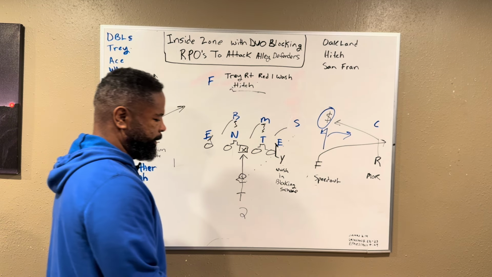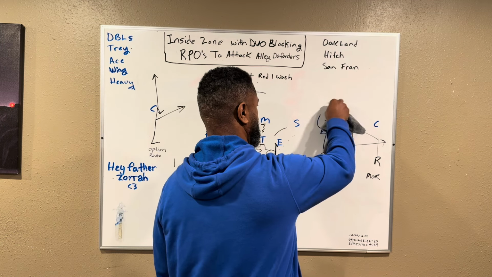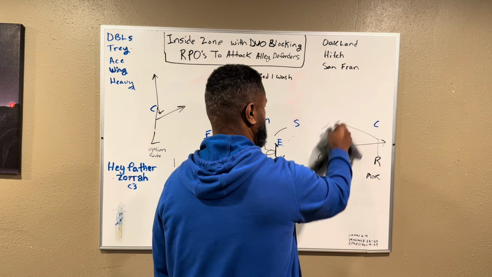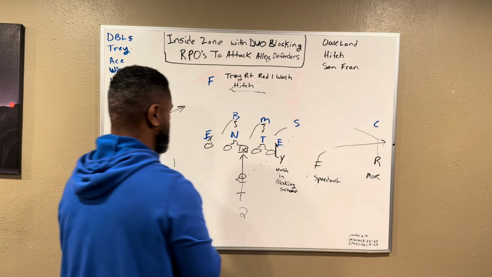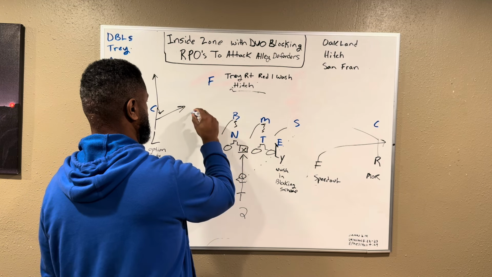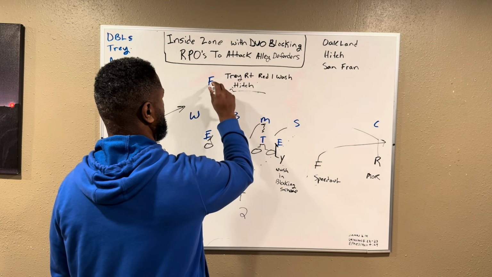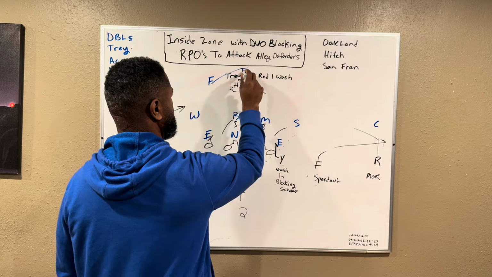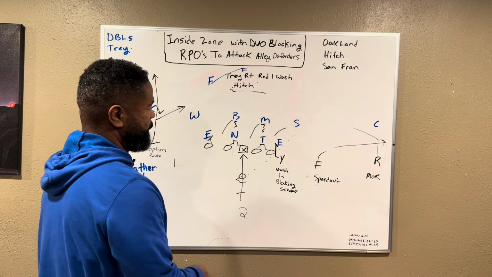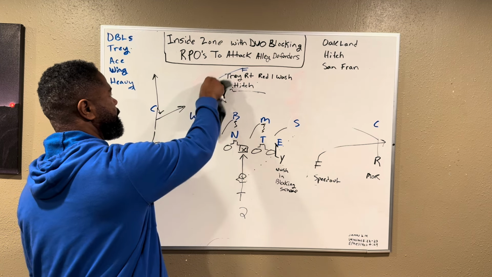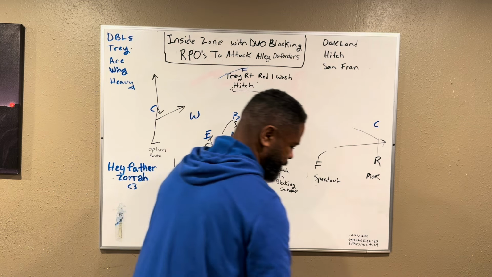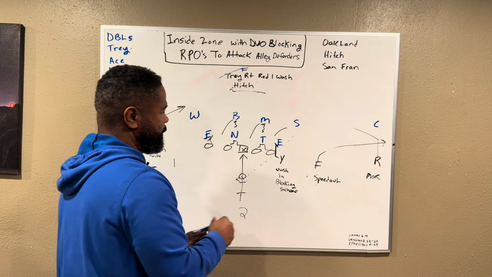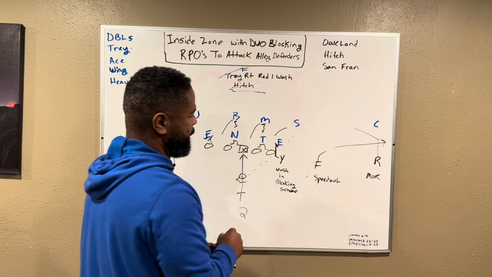All the same keys there. So now let's say they fit it up a little differently, and they go to a box more like this, and they roll safety up here. So now we've got the free safety up top. They've got more of a cover 1, cover 3 look going, one-high look. Guess what?